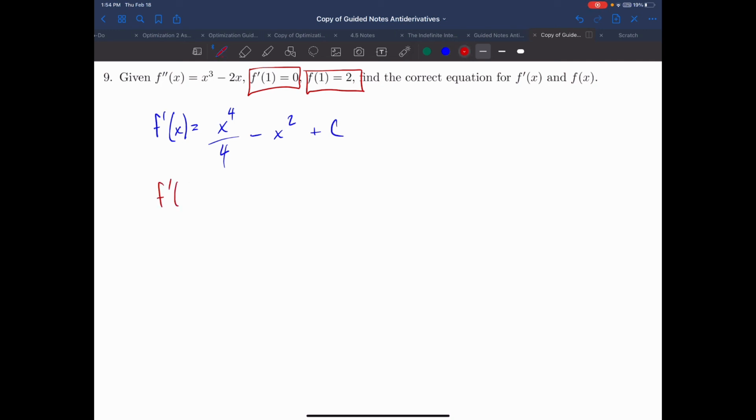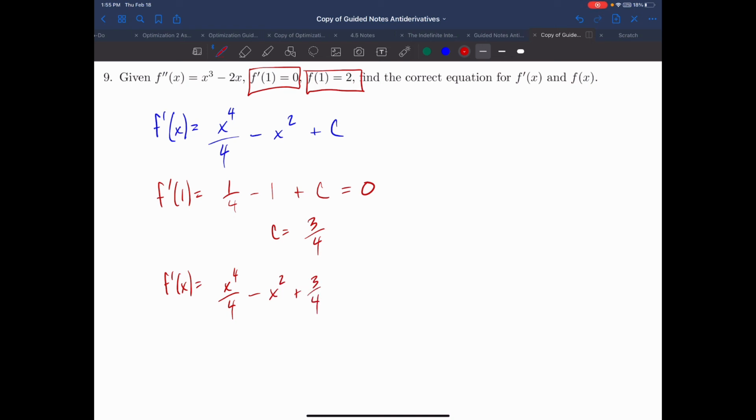So f prime of 1 is 1/4 minus 1 plus c equals 0. 1/4 minus 1 is negative 3/4. Move it to the other side and you get 3/4. So f prime of x is x to the 4th over 4 minus x squared plus 3/4. Okay, so that's f prime of x.